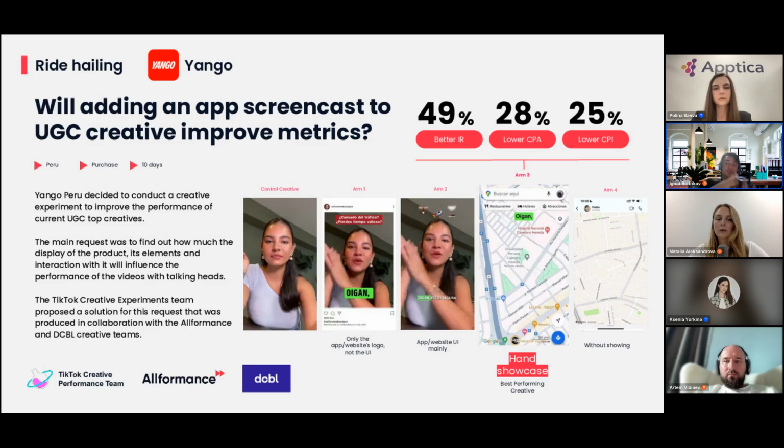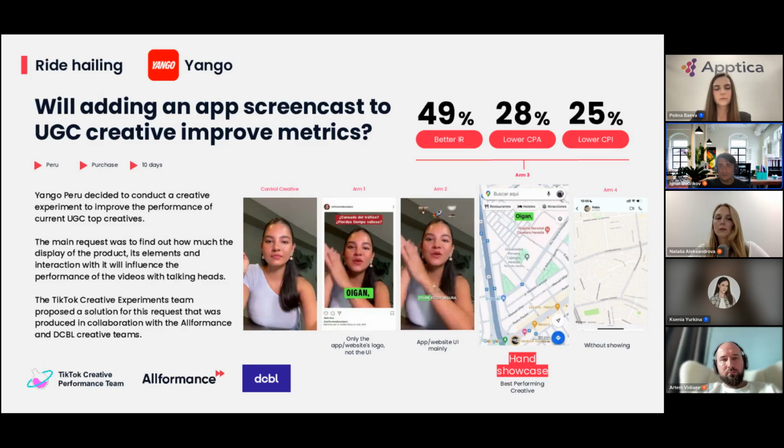We took the UGC creative in this case and upgraded it by editing in some motion design effects like emojis and even a screencast, because the benchmark on the Peru market was pure UGC, without any screencast, without any logos of Yango, etc. But by adding some screencast and some emojis, we are leveling up this creative. So we just upgrade it and make better results.